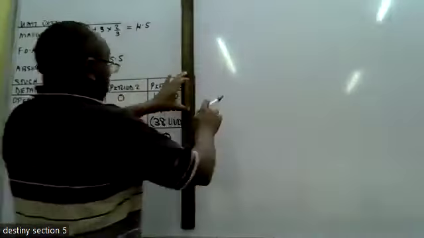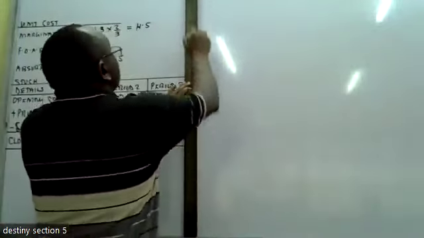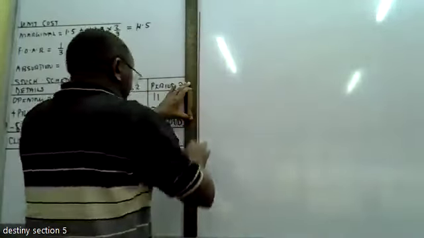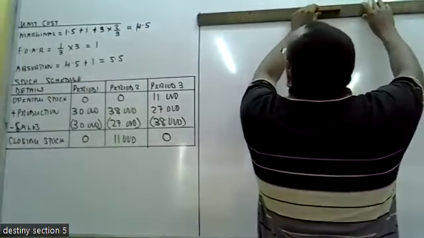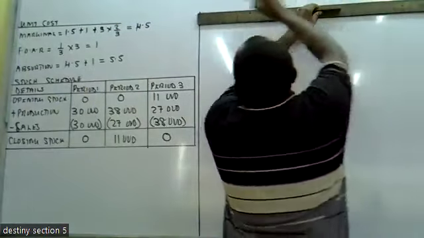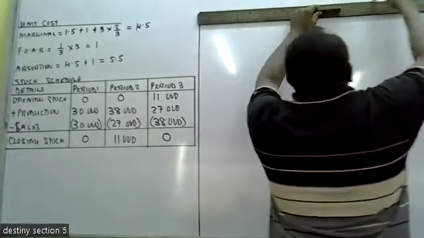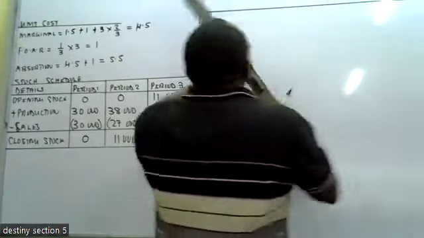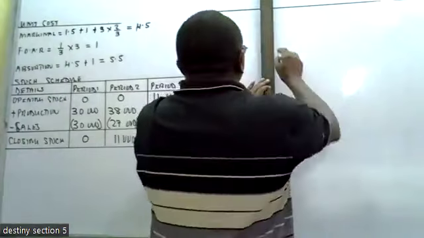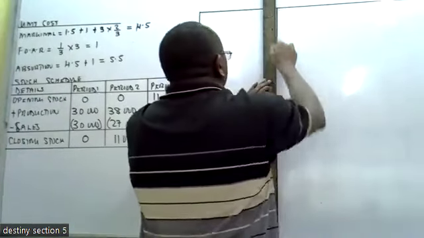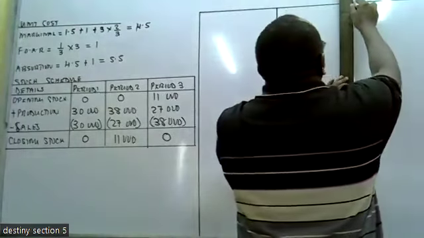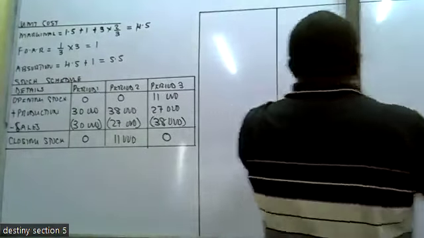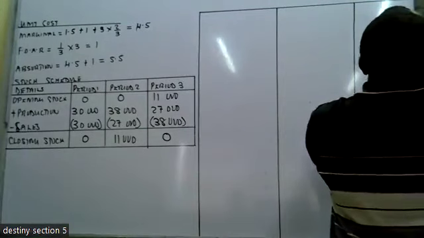Now from there, we draw now the income statement. By your book, 4 columns.